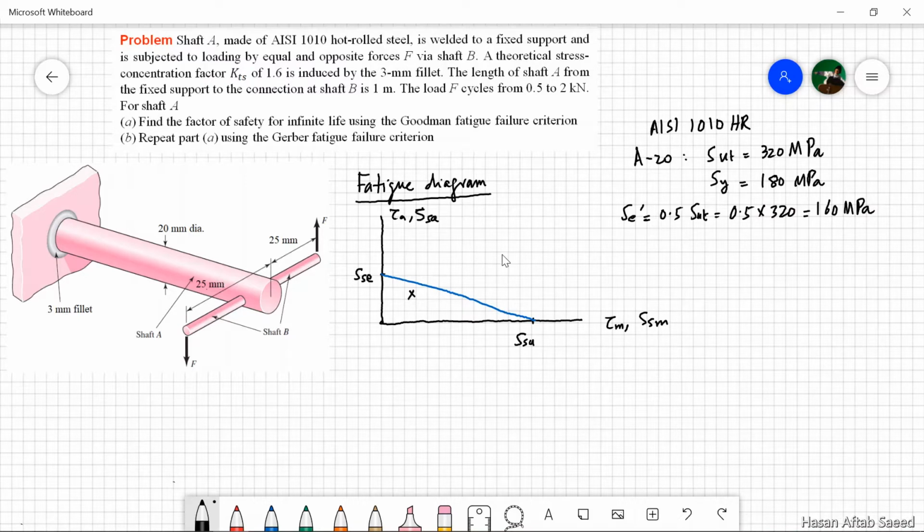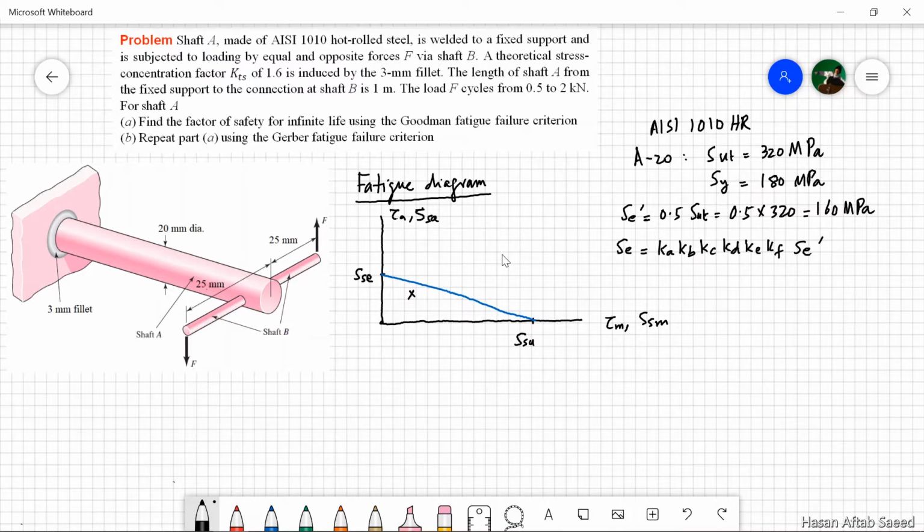And the next step is finding out SE from SE prime, and obviously you have to bring in the correction factors to convert this generic 160 MPa to an endurance limit that is pertinent to this question.